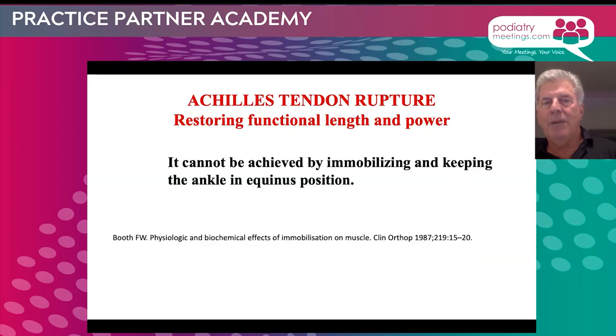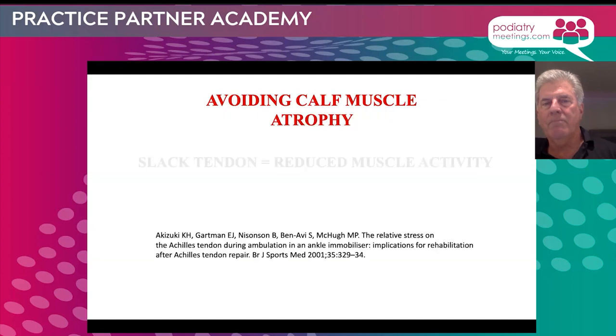But we have to keep in mind that with Achilles tendon rupture, when we keep patients in a severe equinus position, especially non-weight bearing, it will not adequately restore functional length and power to the Achilles and the muscle.